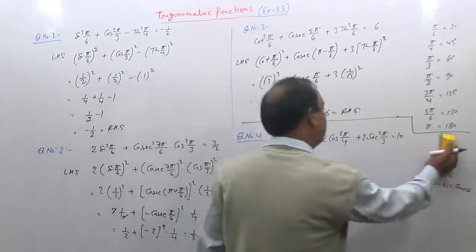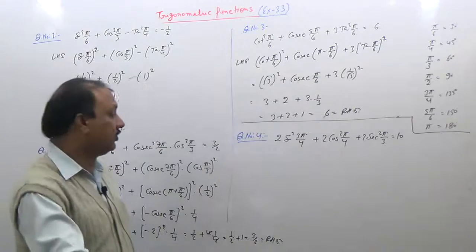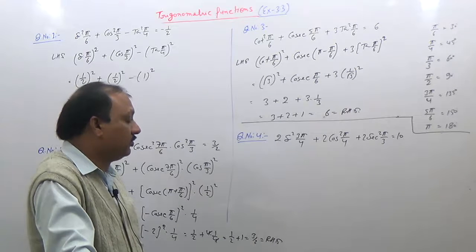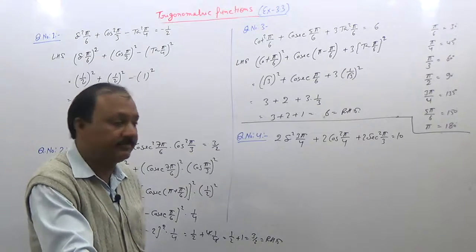So question number 4 is to prove that 2 sin square 3 pi by 4 plus 2 cos square pi by 4 plus 2 sec square pi by 3 is 10.